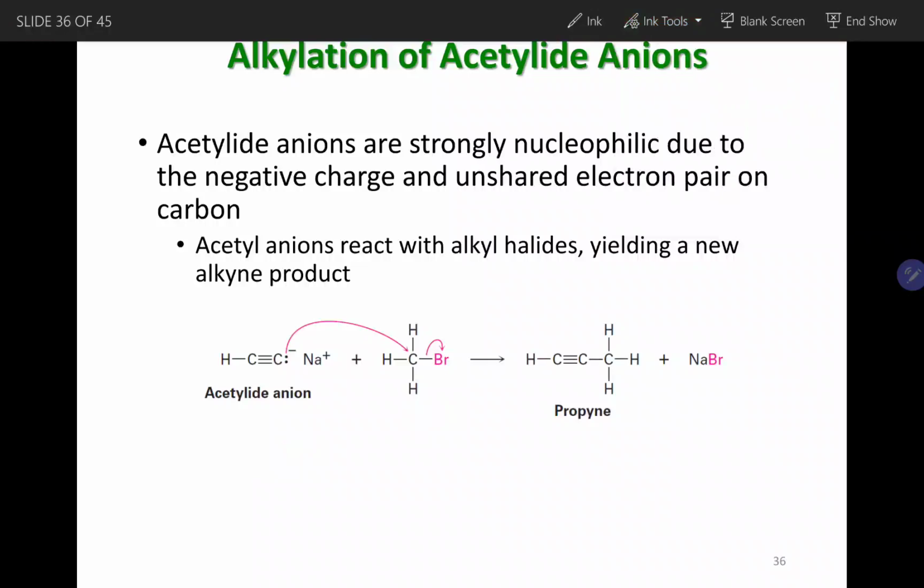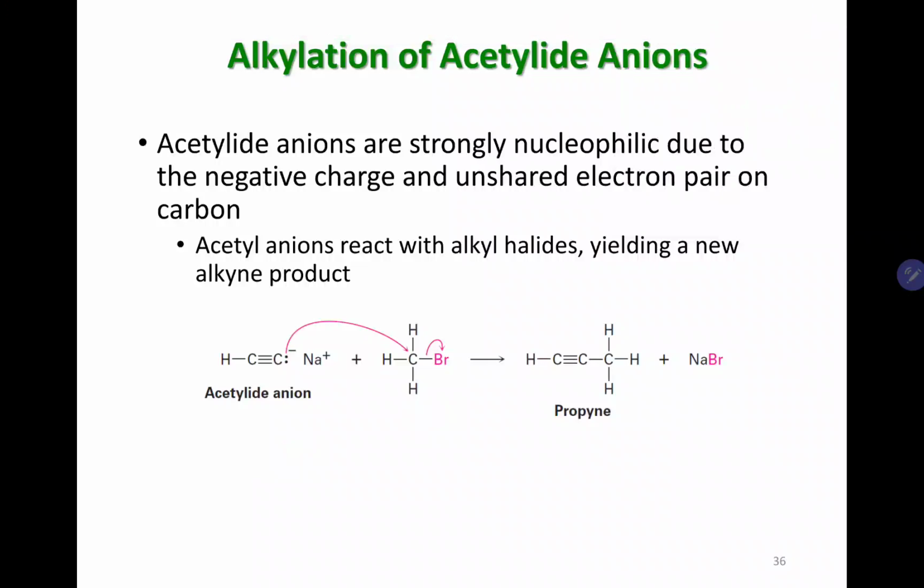Let's analyze this sample reaction. Here, I have used a primary alkyl halide, of course, and the leaving group in the alkyl halide is bromine. The incoming group is our nucleophile, the acetylide anion.